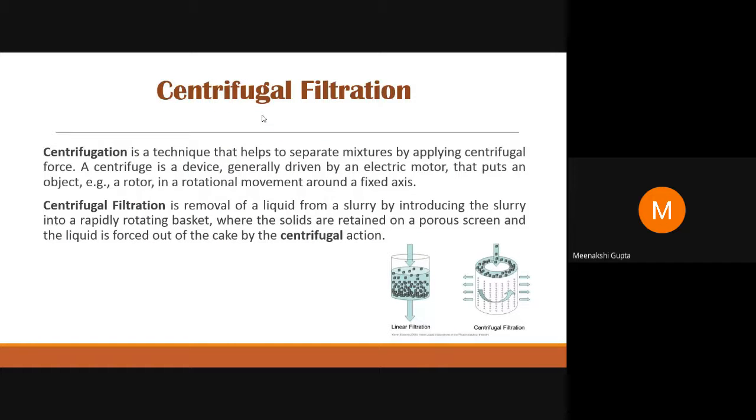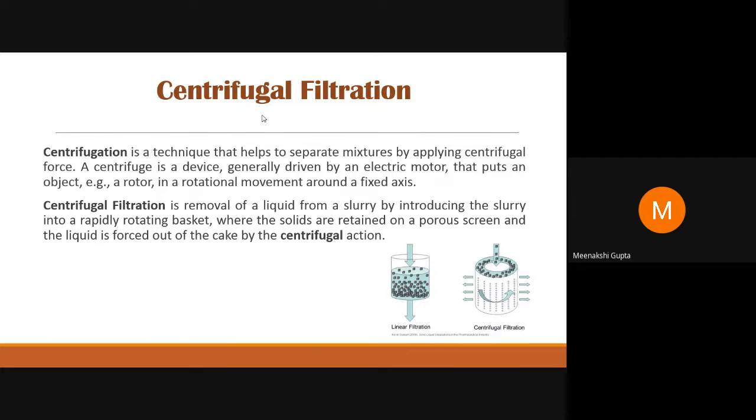And the last one is centrifugal filtration. You have already studied centrifugation. Centrifugation is a technique that helps separate a mixture by applying centrifugal force. It is a process used for separating the solid from the liquid.